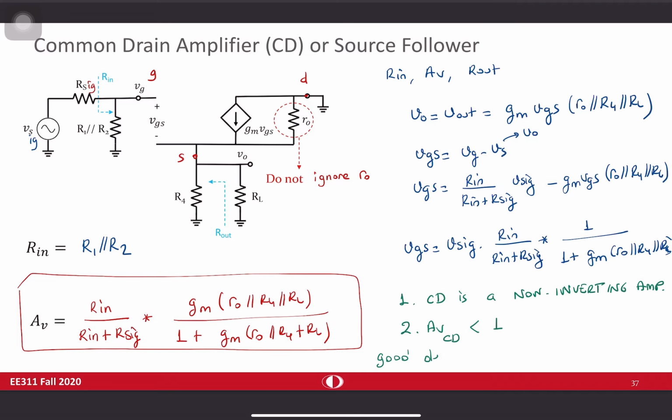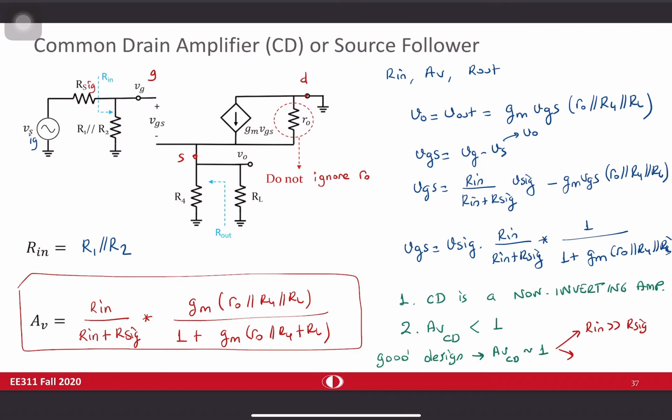A good design means that AV of CD should be close to 1. It's going to be definitely less than 1, but you want to have it like 0.99 or 0.90 or as much as you can. And to be able to do that, of course, you have two options, two things to do. First of all, Rin should be much larger than R signal, okay?